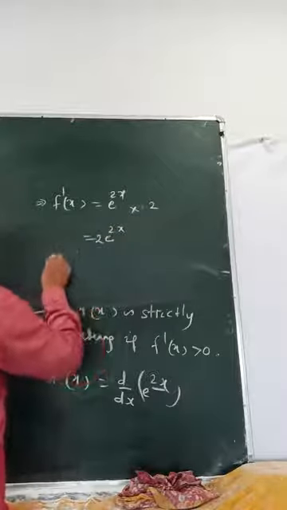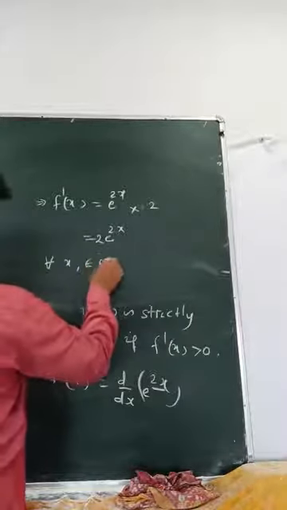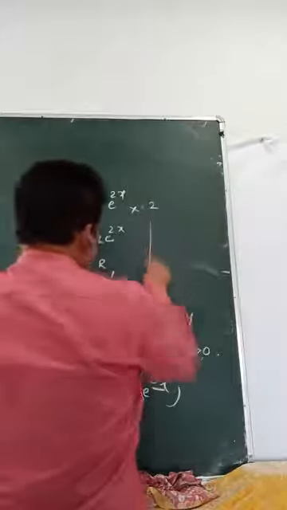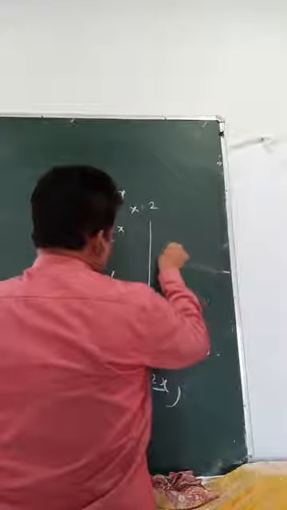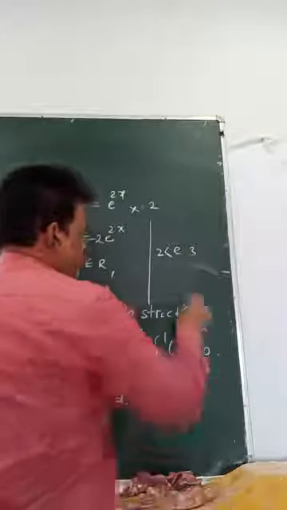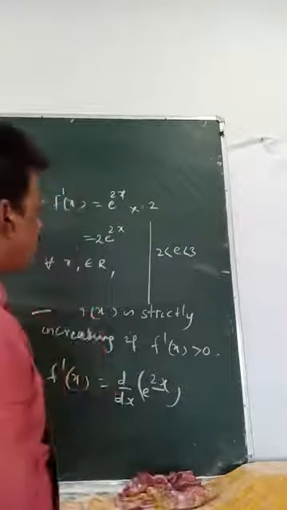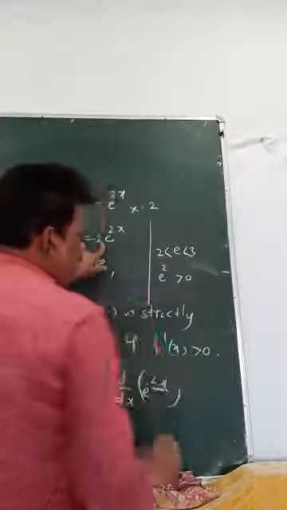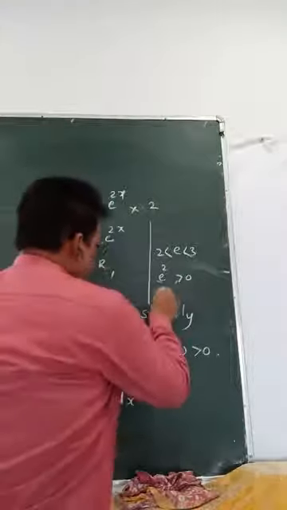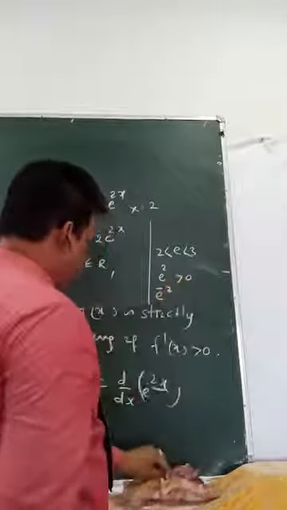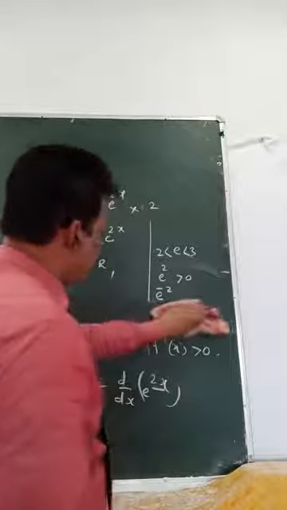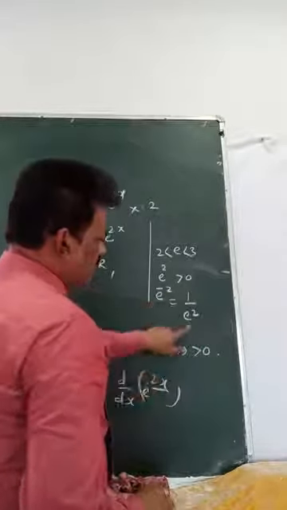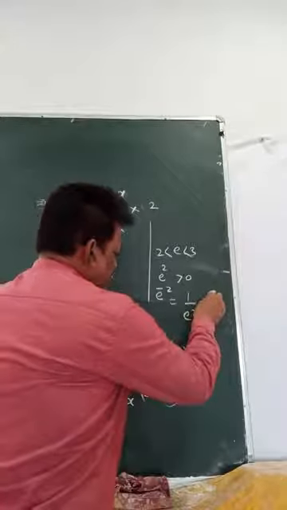So for all x belonging to R, put any value in x. You remember e lies between 2 and 3. So e square is greater than 0. Even e to the power minus 2, meaning 1 by e square, is also a positive number, greater than 0.